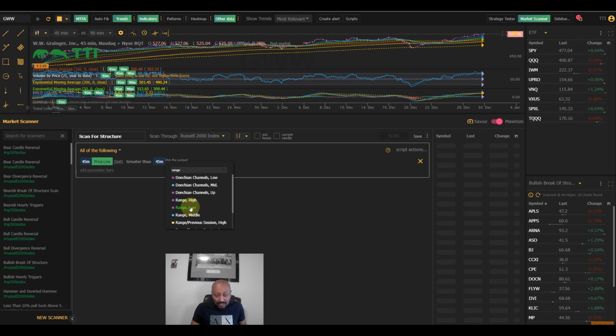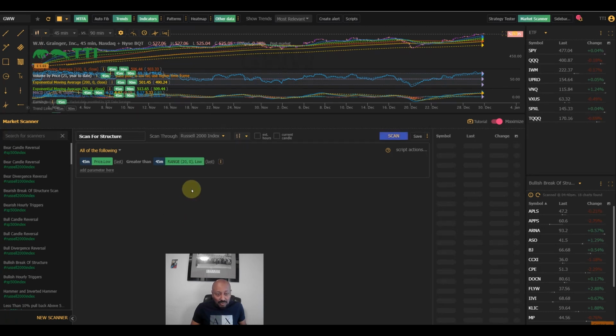So the range low of the last 20 days, and make sure you do previous bar from one candle ago so it doesn't include the current candle.